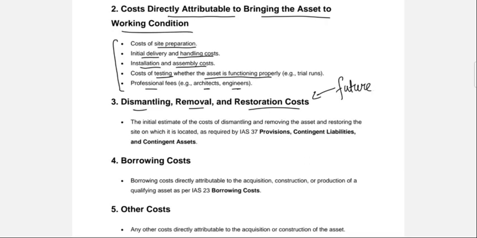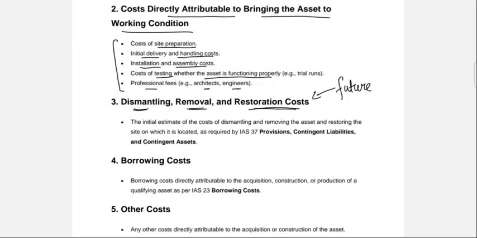the future. So, one of the examples could be that when you have acquired all the economic benefits from the asset and the asset has completed its useful life, you will then need to remove the asset from that particular location. And in order to remove the asset, you will incur some cost which are known as dismantling, removal, and restoration cost.